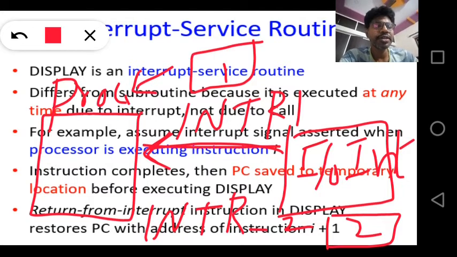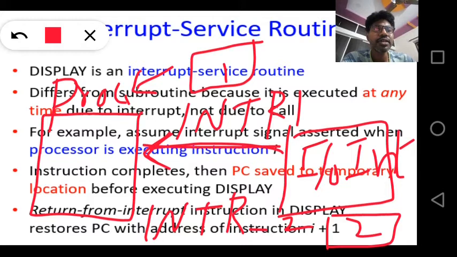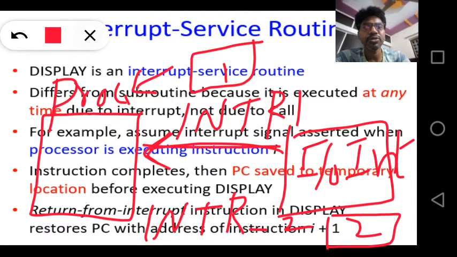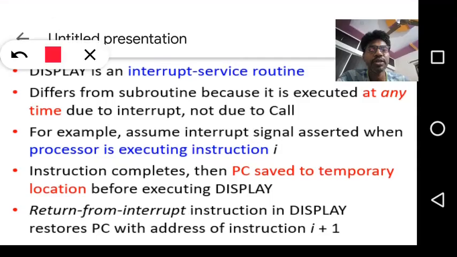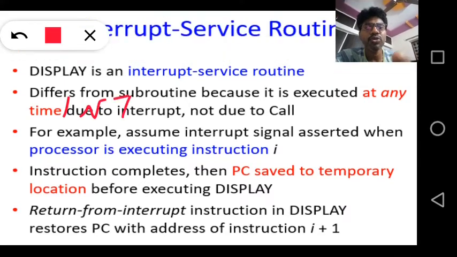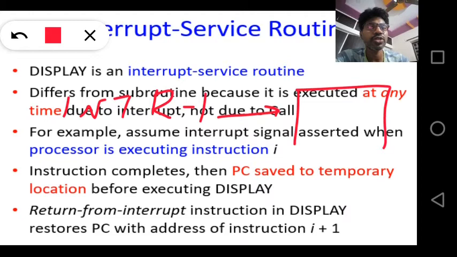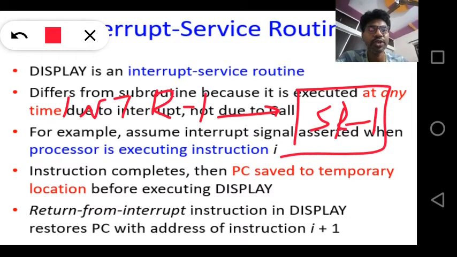So it is one kind of handling the interrupts. The handling of the interrupt is done by executing the concerned interrupt service routine. So for interrupt request 1, the processor has to execute one subroutine, interrupt service routine 1, ISR.